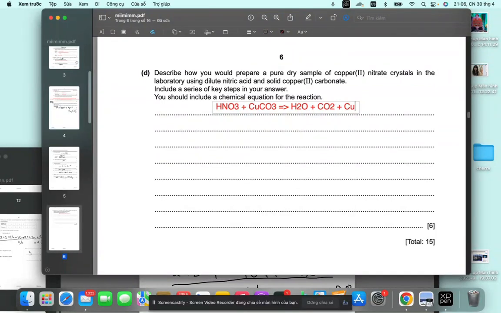Let's see. Is it a salt? Because we know anything with carbonate at the end would produce carbon dioxide. Yes? Let's check. This is the chemical equation for the reaction.